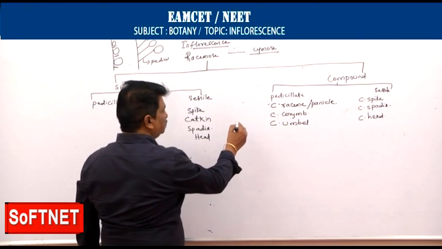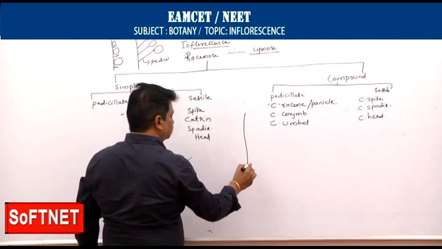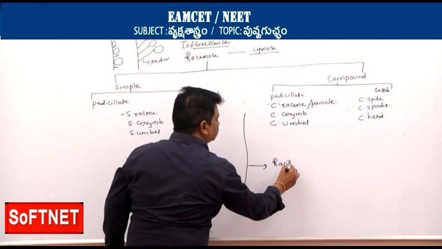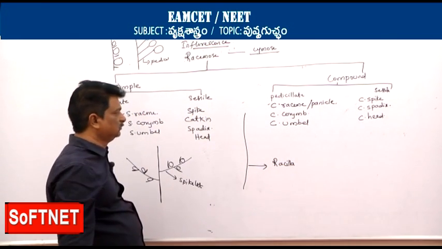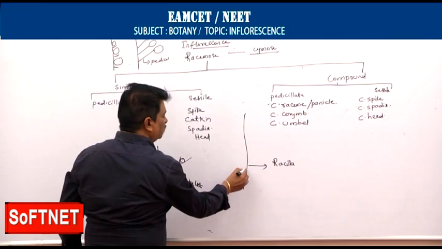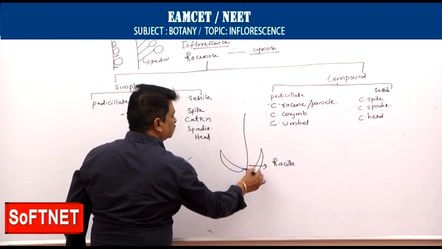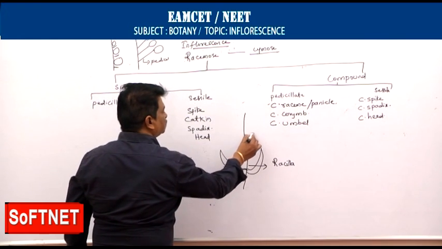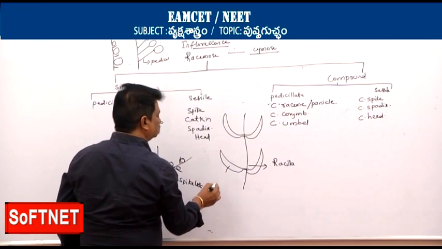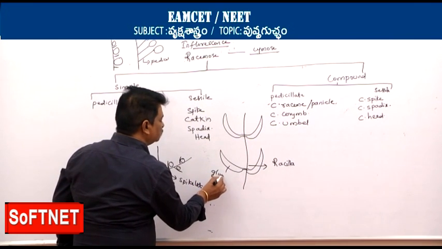So here is a description of the structure of a spikelet. In a spikelet there is an axis. That axis in the spikelet is called rachilla, and on this rachilla several bracts are present. Bracts present on the rachilla are called glumes.